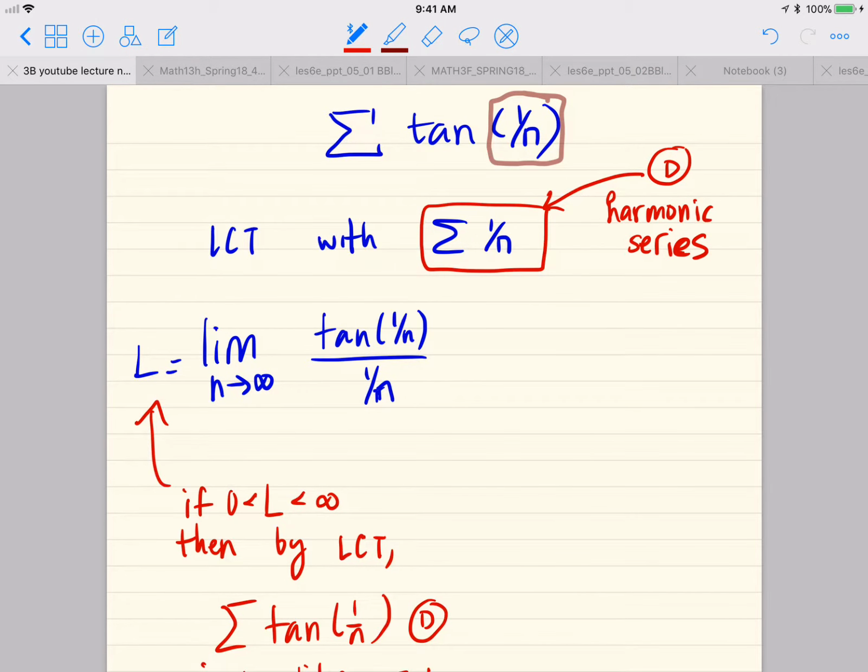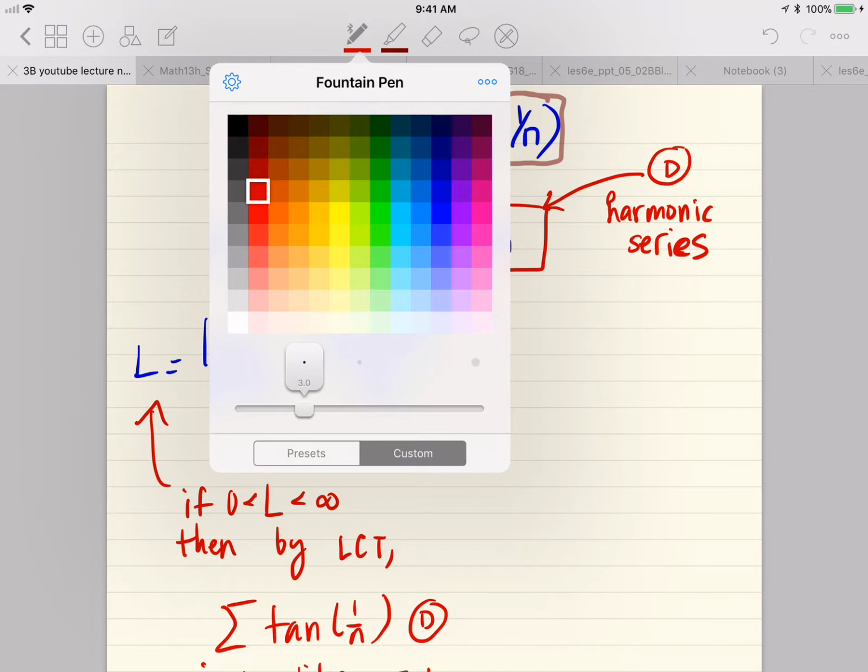Okay? What is this limit? In order to compute this limit, I need the limit as n goes to infinity of tangent of 1 over n divided by 1 over n. I'm going to use L'Hopital's rule.